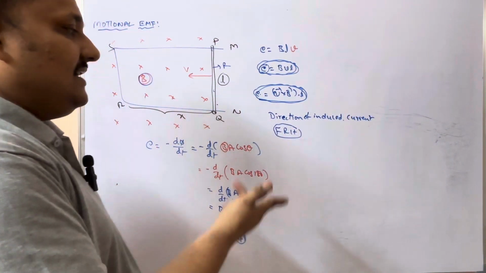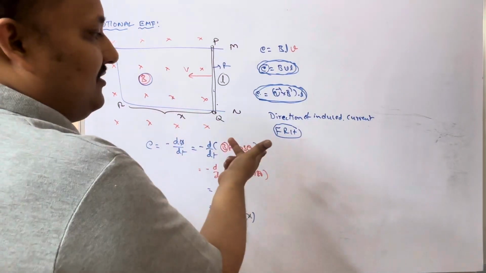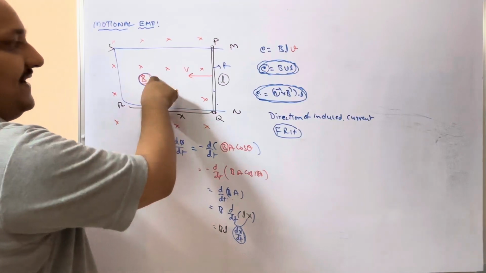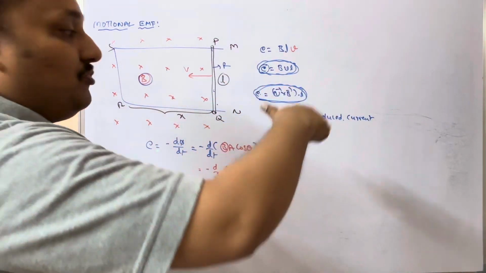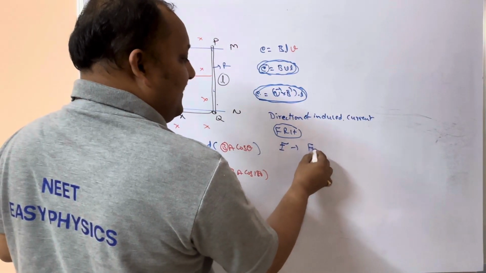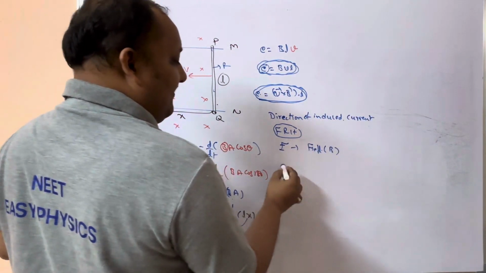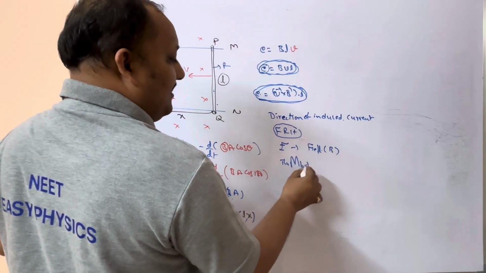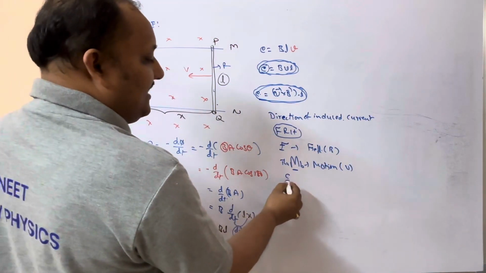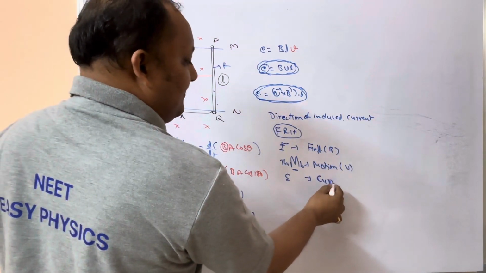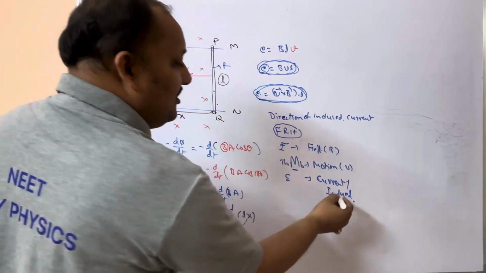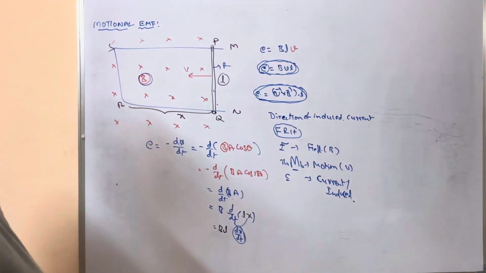Again we keep our three fingers like this, each finger perpendicular to the others. The forefinger represents the magnetic field. The thumb represents the motion of the conductor, that is the velocity. The center finger represents the induced current.